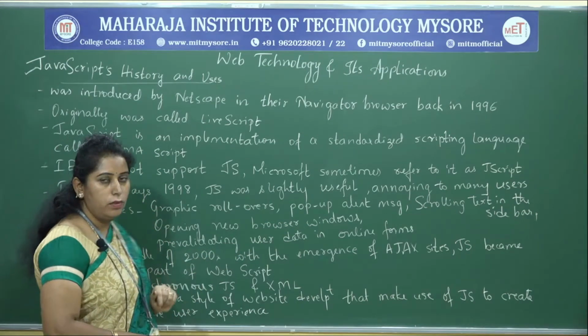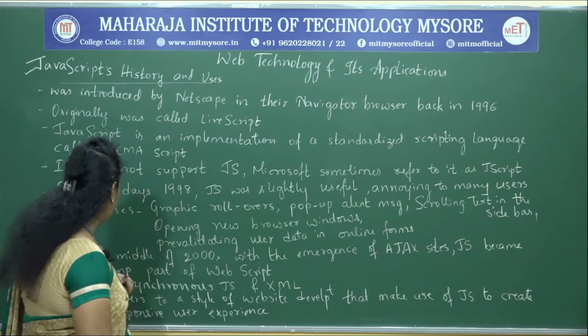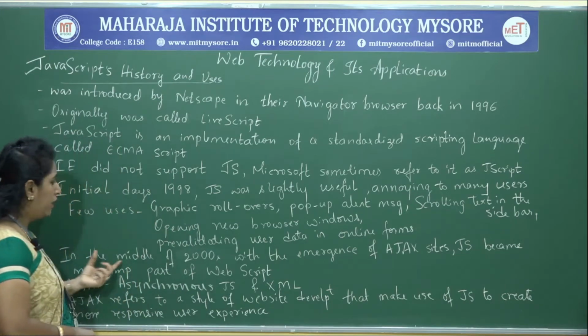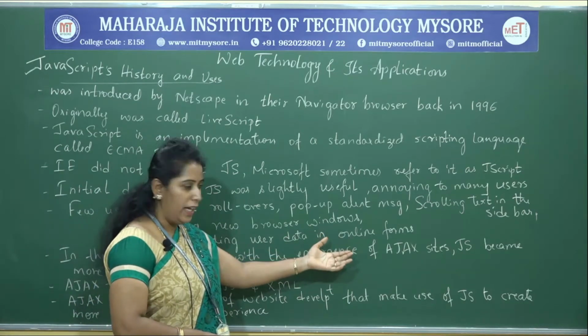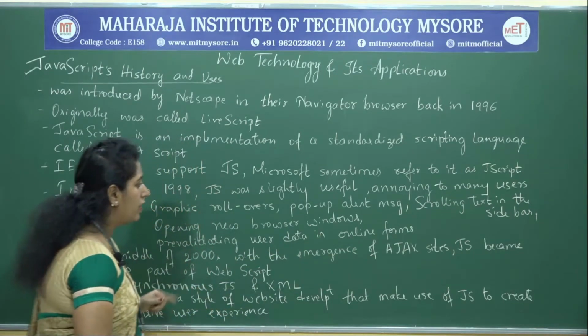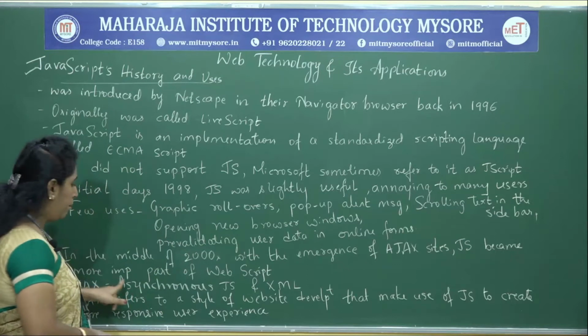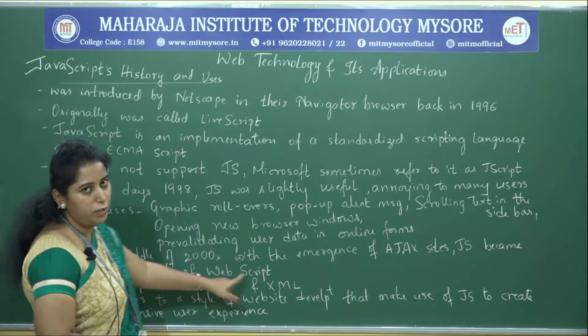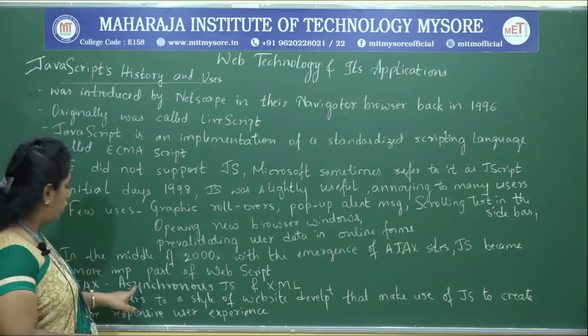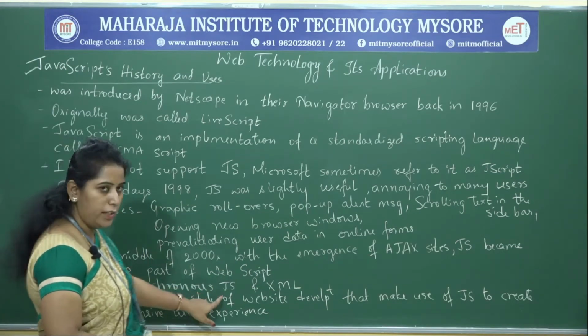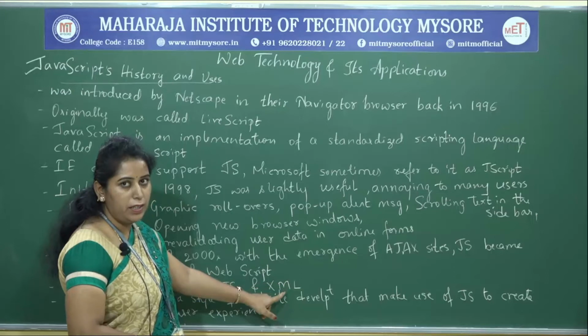All these are the uses of JavaScript. In the middle of 2000, with the emergence of Ajax sites, JavaScript became a more important part of web scripting. Ajax is the combination of asynchronous JavaScript and XML.